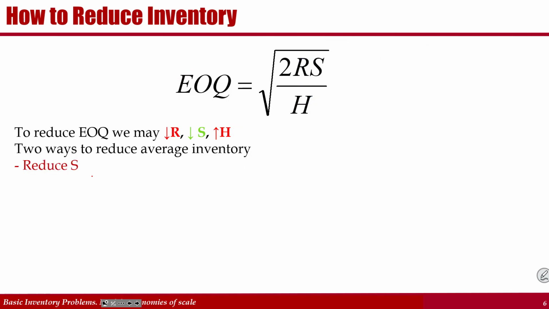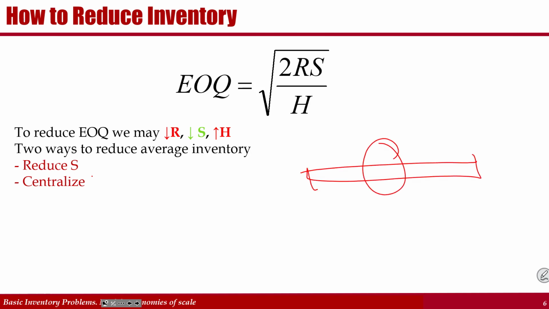Besides reducing S, one other thing we can do is to centralize, either spatially or temporally. If we can bring the demand of all day to 2 hours, that is what a catering company does in India. They bring the demand to a short time period, and they can benefit from a lot of availability in those periods.